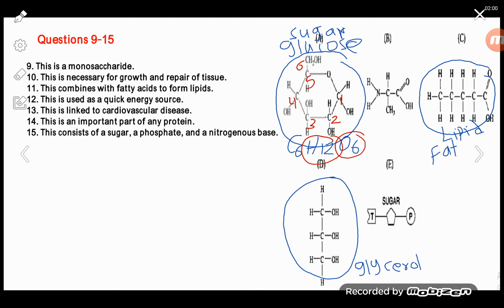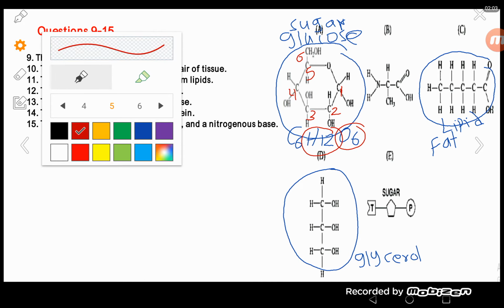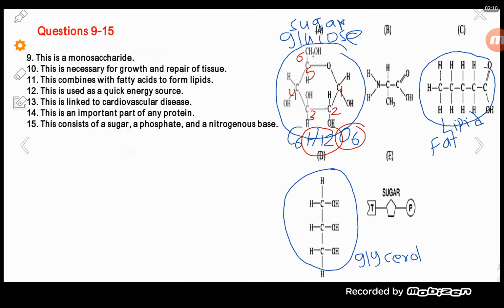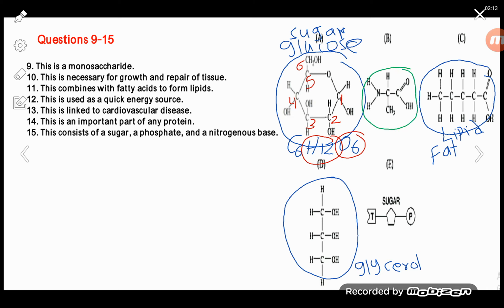We have another two structures that we have to know. This is an amino acid. You have to know that. We have 20 types of amino acids, and each amino acid is made up of an amine group, a carboxyl group, and a hydrogen. We can find all of these around this carbon atom in all of the amino acids.